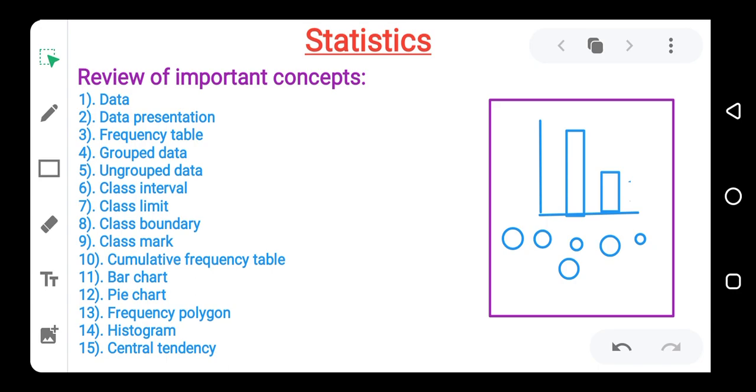So let's start with data. When you decide to count the number of cars that will pass through a road in a given time interval, let's say 20 minutes, you want to be recording the models of each car that will pass within the time limit.